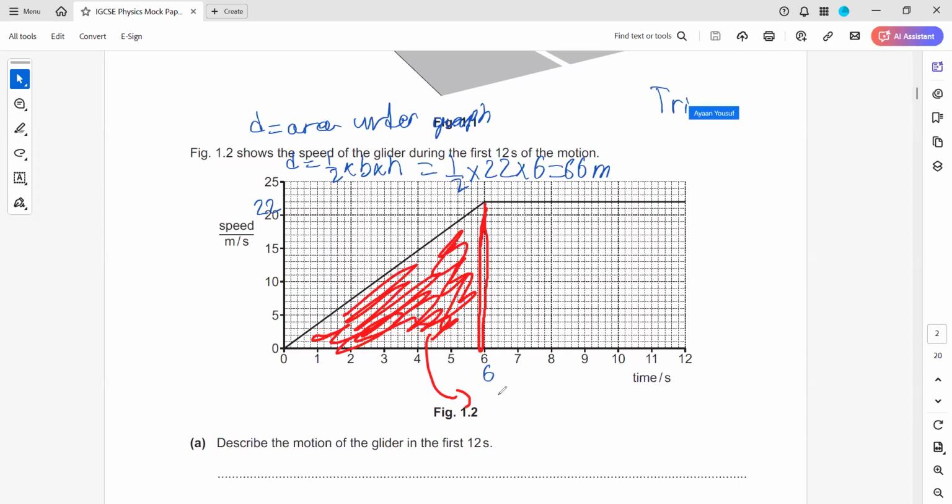The area of the triangle is half base multiplied by height. So base is 6 and the height is 22. So half times 6 times 22 gives about 66 meters, the distance traveled by the object.